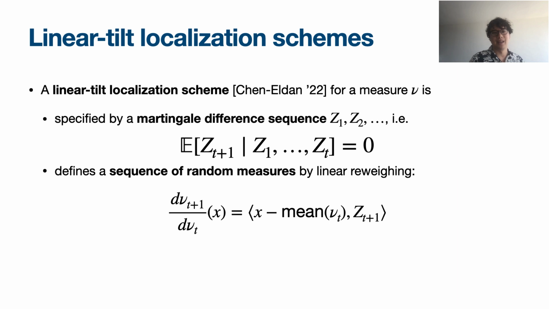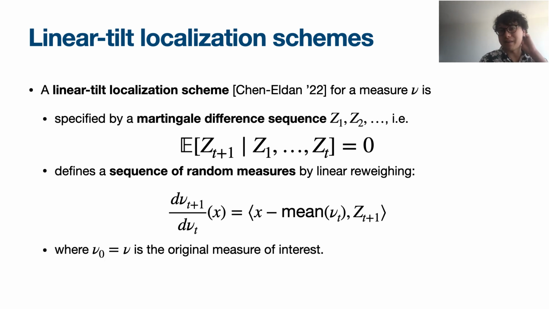The martingale property is really important: when you take the expectation over z_{t+1} here, you're going to get 0. So this tells you that the total mass of the probability measure stays 1. That's the intuition.